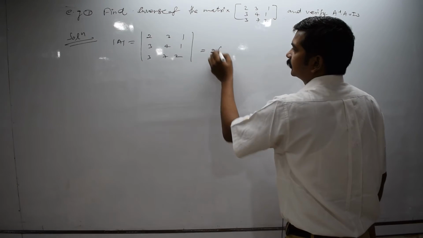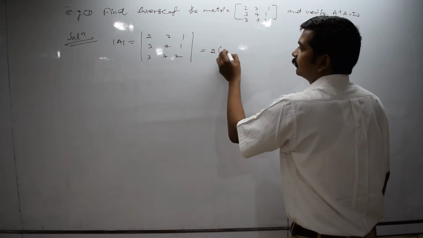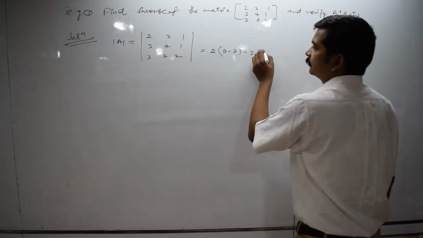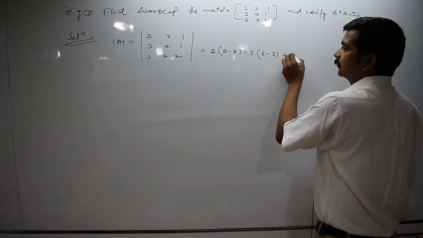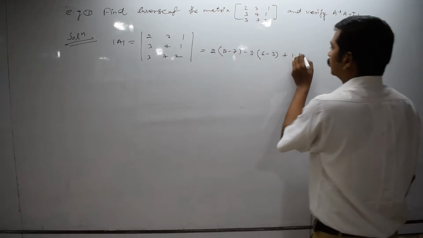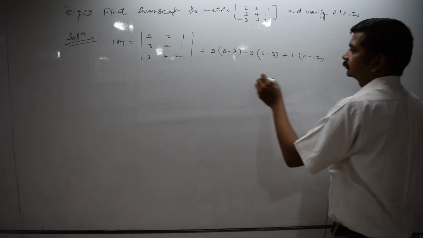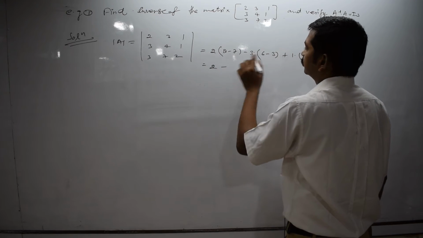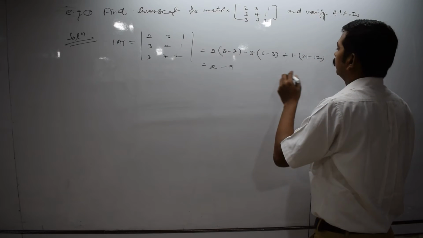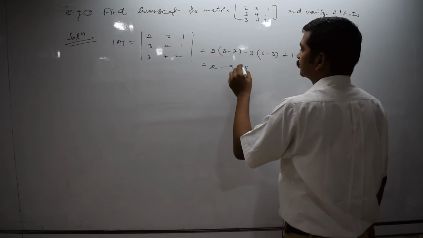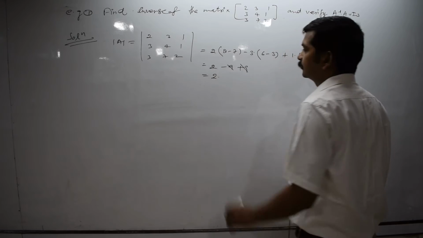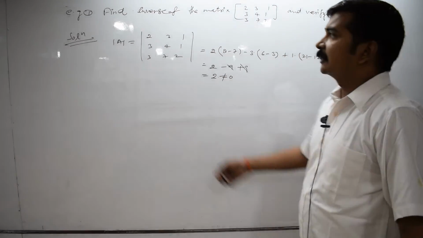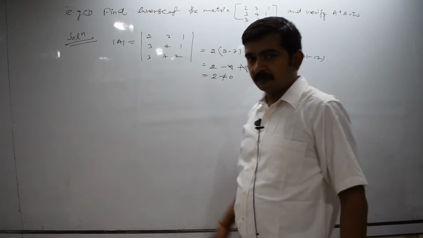So, this will be 2 times (8 minus 7), minus 3 times (6 minus 3), plus 1 times (21 minus 12). So, here will be 2, here minus 9, and here plus 9. So, this will cancel out, equals 2, which does not equal 0. It means A is a non-singular matrix.